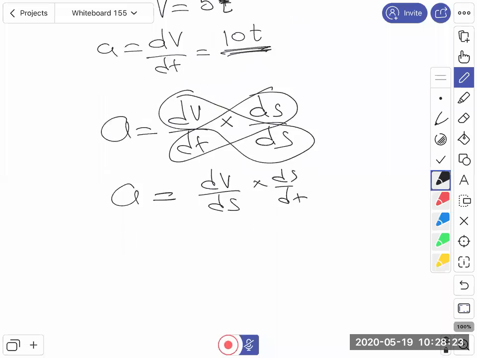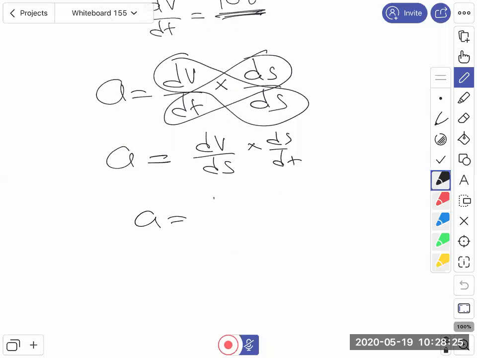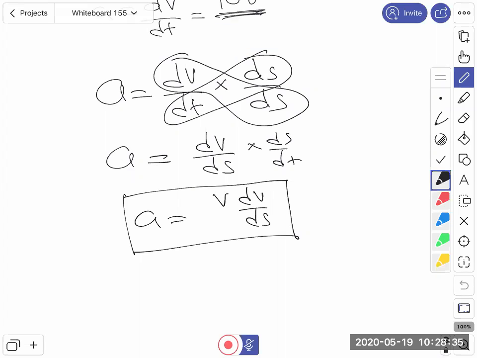What is ds by dt? V, velocity. So we can write acceleration is equal to v into dv divided by ds. This is another equation. We'll use this equation when velocity is given as a function of displacement.